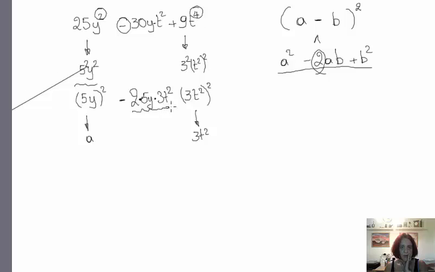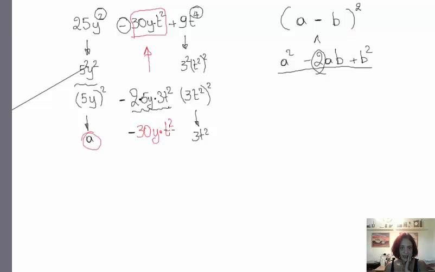And now we want to simplify this term and see if this term agrees with the term that we have on the top, with the initial polynomial that we started with. So 2 times 5 is 10, times 3 is 30, y times t squared. So basically this is the top term.